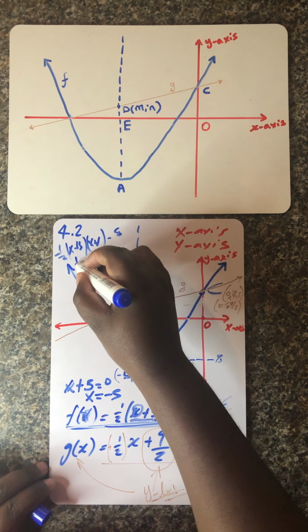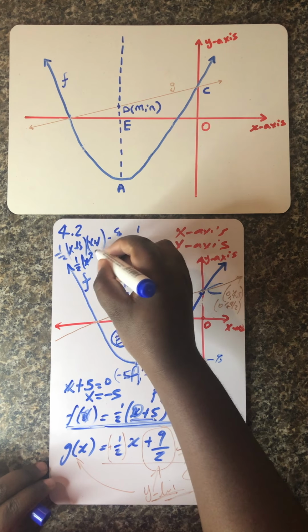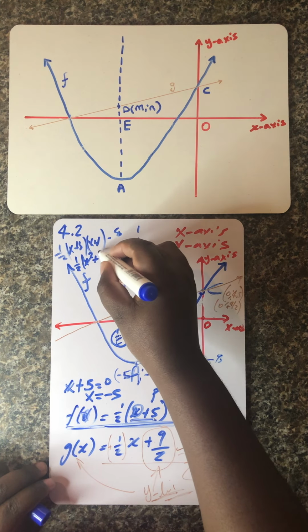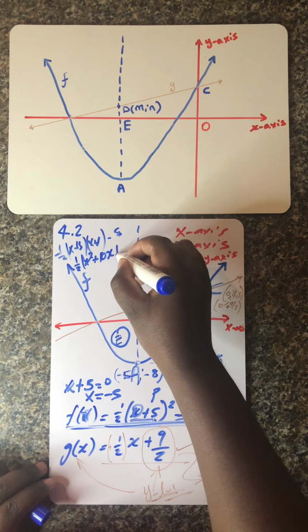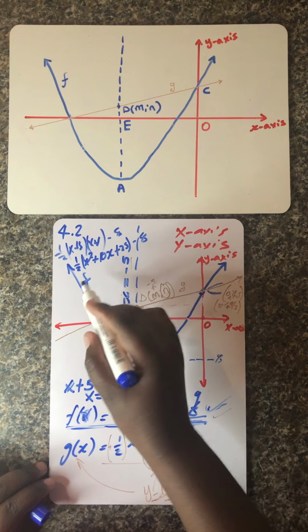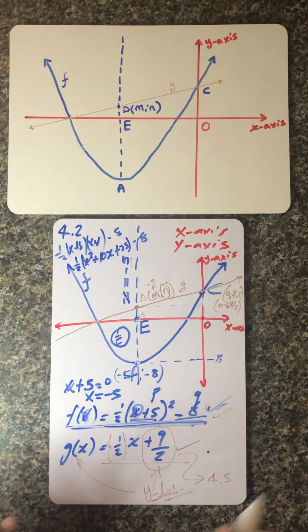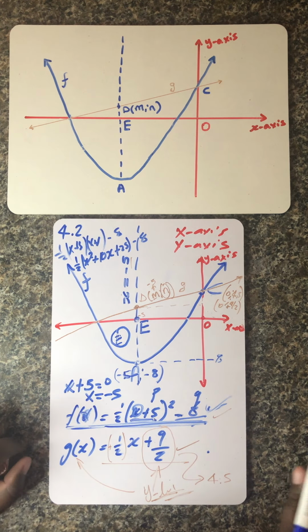You multiply all of this out: half into x squared, that times that is 10x plus 25, minus 8, and then you multiply by half, sum the like terms, and from there you should be able to write it in standard form.